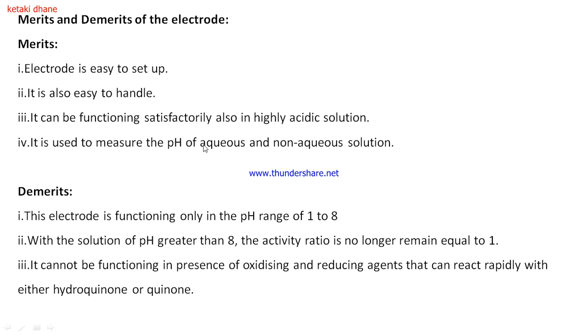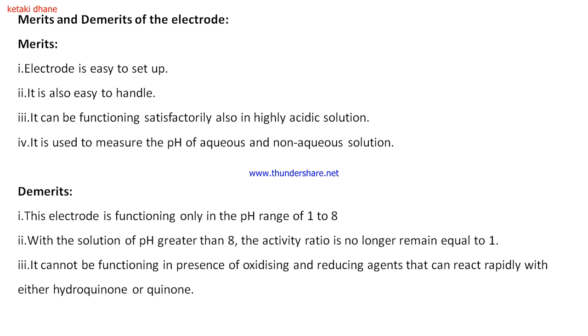So it is used to measure the pH of aqueous and non-aqueous solutions. So these are some of the advantages when we use potentiometric acid-base type electrodes, that is platinum and quinhydrone electrodes, in the presence of a salt bridge, that is a potassium chloride type of salt bridge.